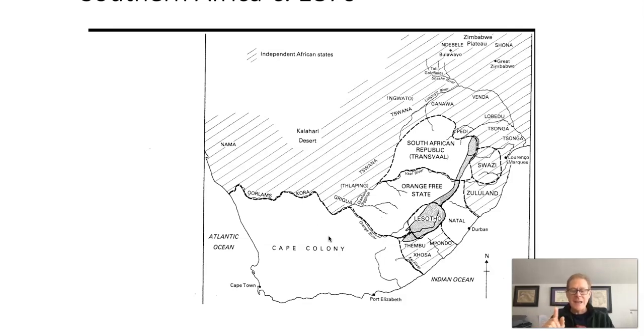They say it belongs to the Griqua people here, but then they turn around and strike a deal with them to buy the land from them. Okay, but in either case, it pisses off the Boers of the Orange Free State. Another point that's going to cause bad blood between the British and the Boers, and lead to the Anglo-Boer War later in the century. Anyway, okay, so now we know kind of where this is happening.